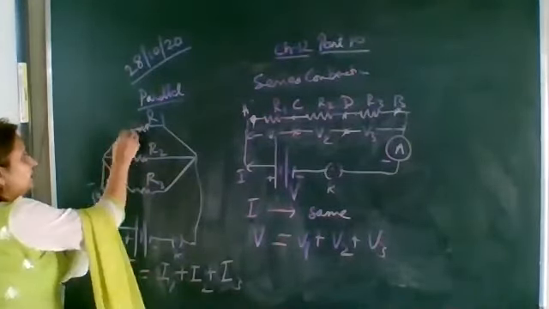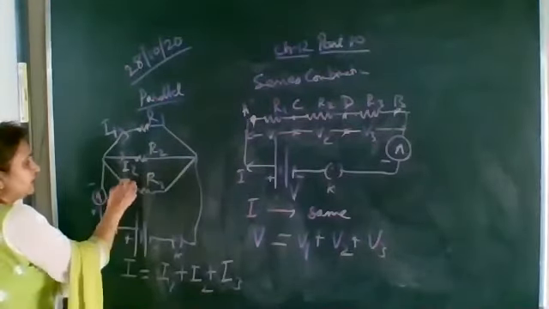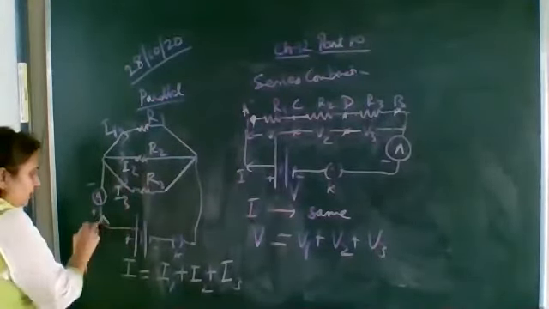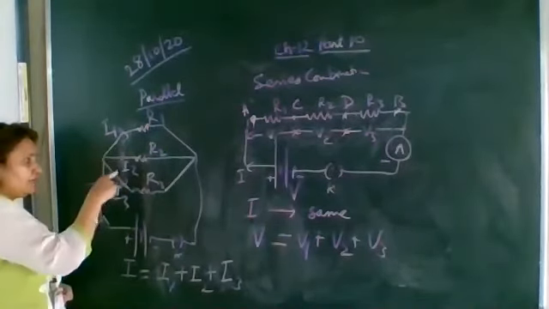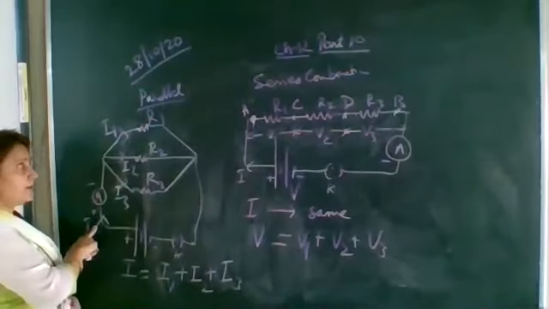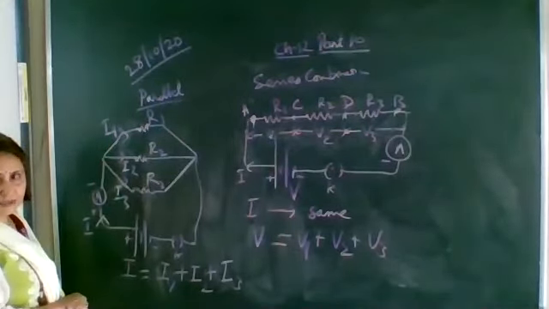When we connect it here the current is I1, here the current is I2 and here the current is I3. And when you connect over here, the current is I. So this I will be equal to I1 plus I2 plus I3. So the total current given by the battery is equal to the sum of the currents through these branches.